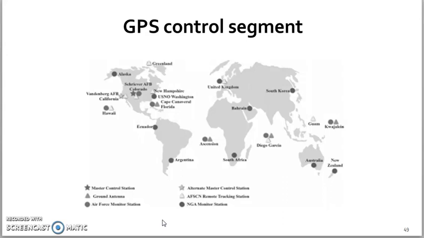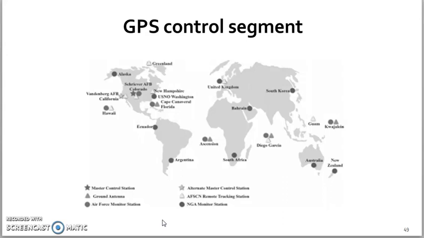It has a TT&C command interface to receive the satellite health data through telemetry, track satellites and send command signals. The monitoring stations track the satellites and relay the received ranging information to the MCS, and they collect the data from the satellites regarding atmospheric data, range carrier measurement, and the navigation signal from the satellite.